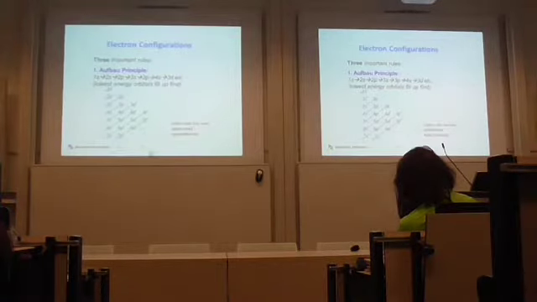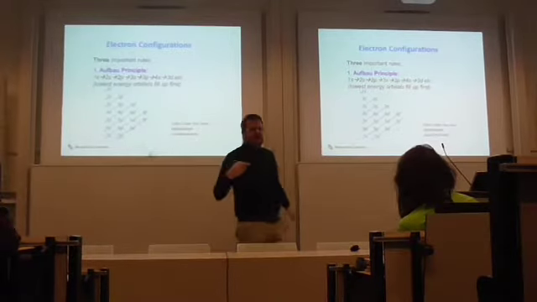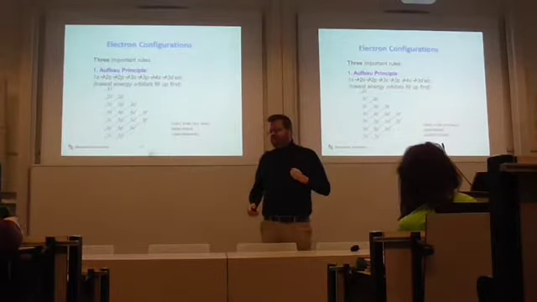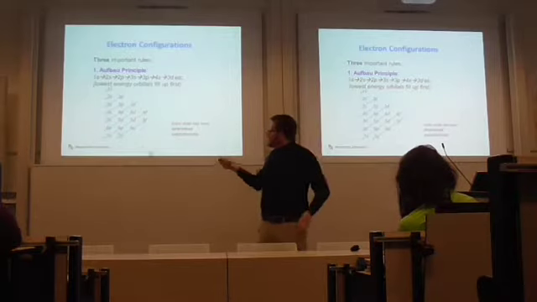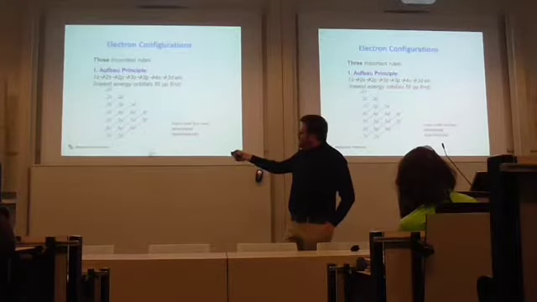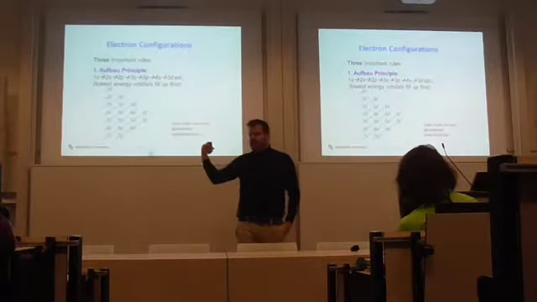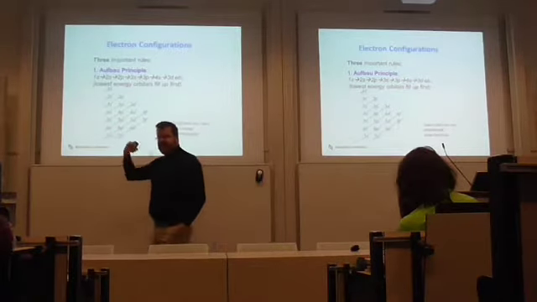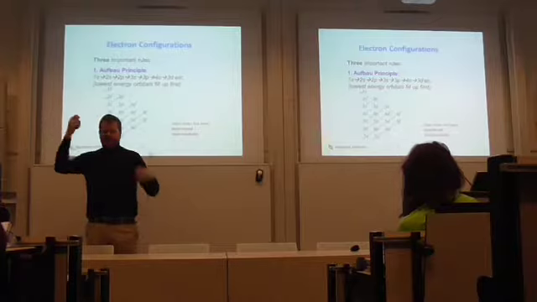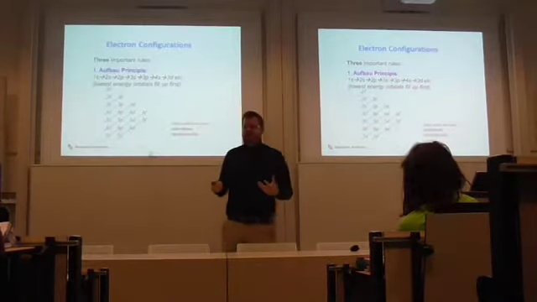The reason for that is simply that the energies of these different subshell types have been experimentally determined, and it's been shown, for example, that a 4s orbital is lower in energy than a 3d orbital. That's why it gets filled first, although it has a higher principal quantum number and in fact exists in a higher energy shell. That sounds counterintuitive, but it's not really. It's just a matter of energy.